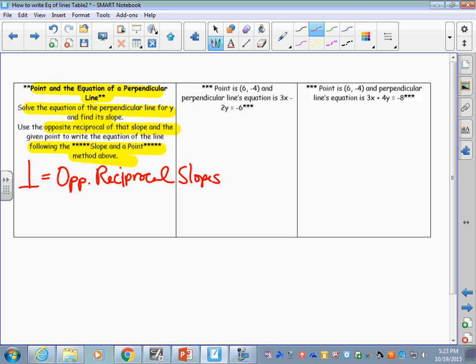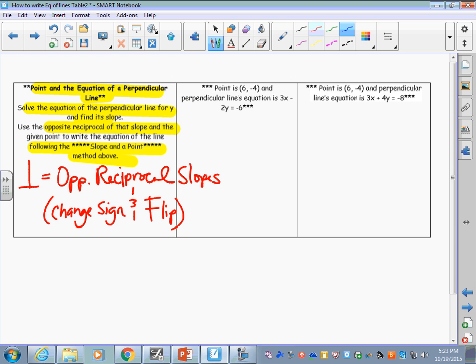Basically what that means, opposite means we're going to change the sign. And reciprocal means we're going to flip the slope.